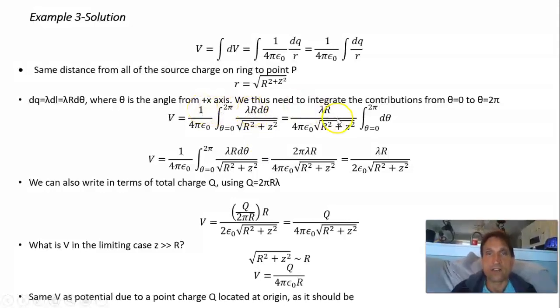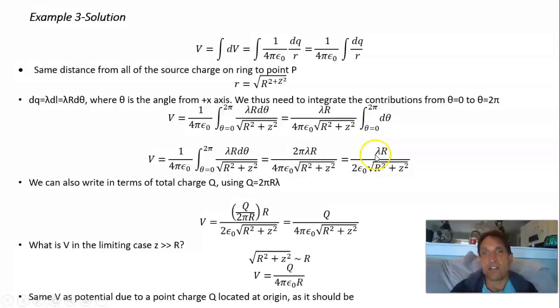The radius of the ring is constant, pull that out. Big R squared and z squared are constants, so they all come out, and we have a relatively simple integral where the integral of d theta from 0 to 2 pi is just 2 pi. And so here's our equation for the potential. That integral was pretty easy.